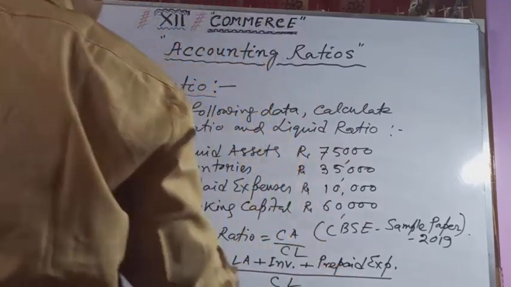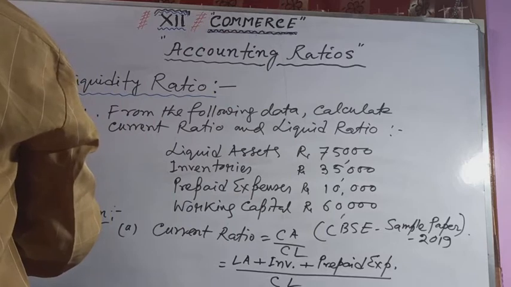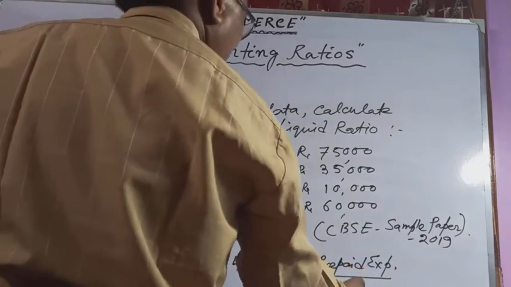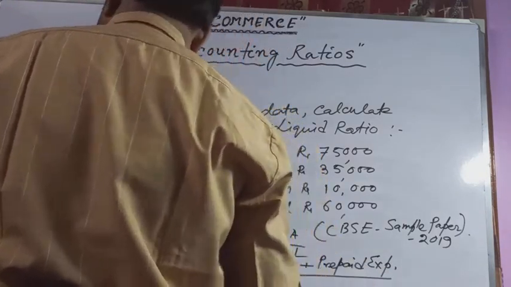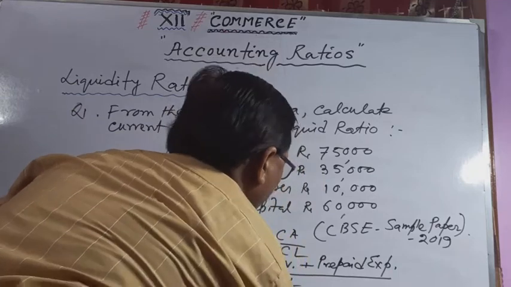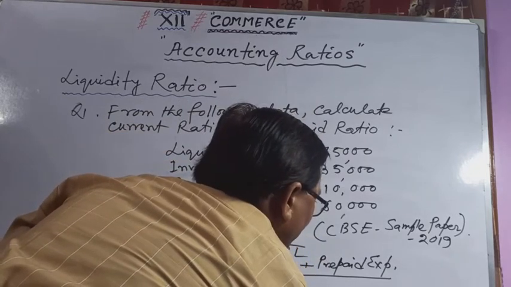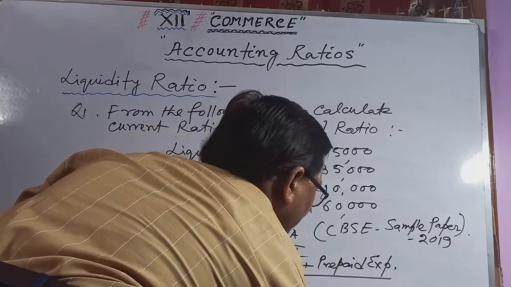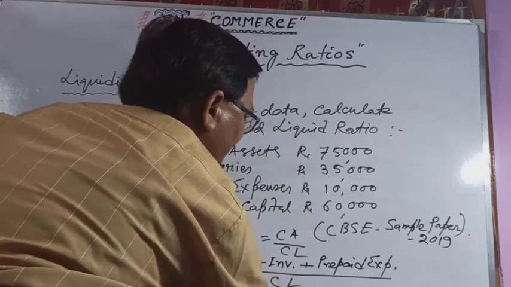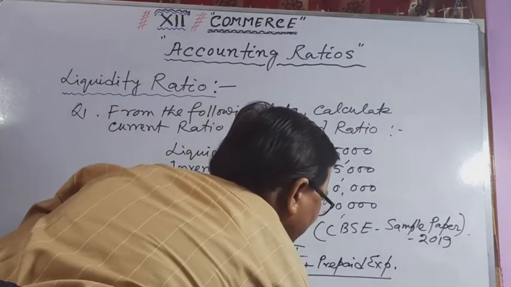Now this is equal to adding 75,000 plus inventories 35,000, that is equal to 1,05,000 plus 10,000, 1,15,000. Total current assets, after adding the remaining amounts, is 1,20,000.